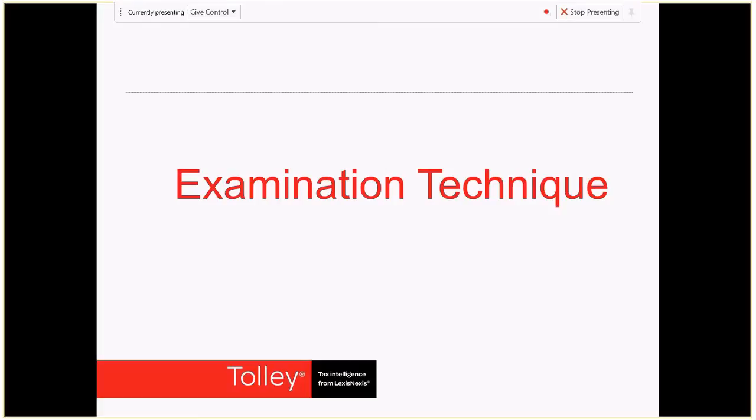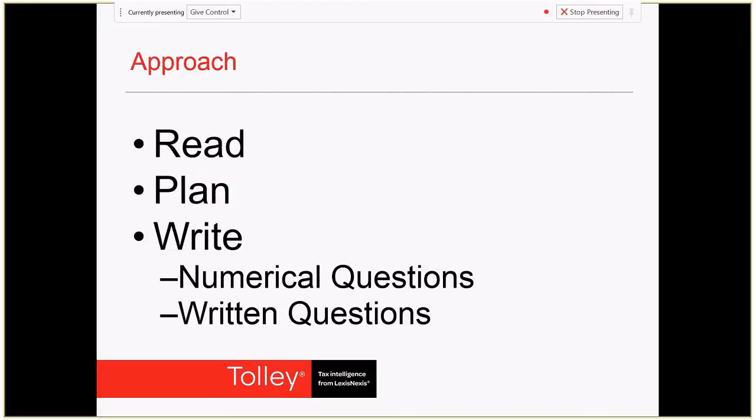Okay, so I'm just going to do 20 minutes or so on exam technique. Whether it's an ATT exam or a CTA exam, the approach is fairly similar. Obviously, you have to read the question.